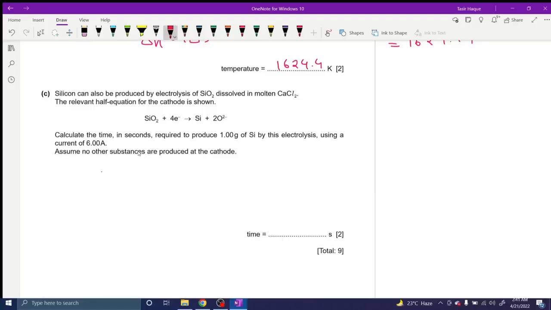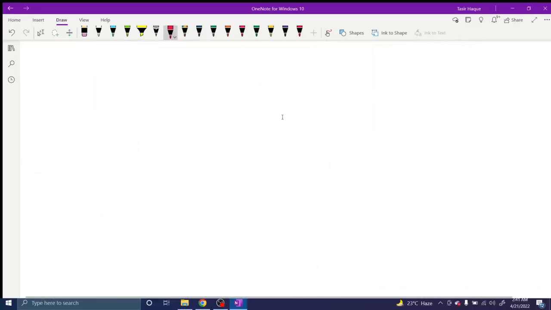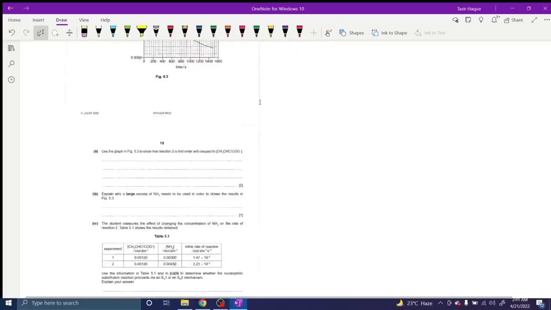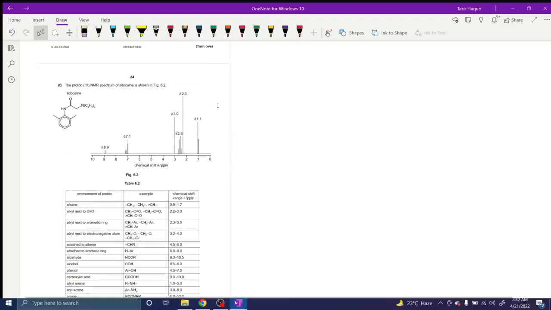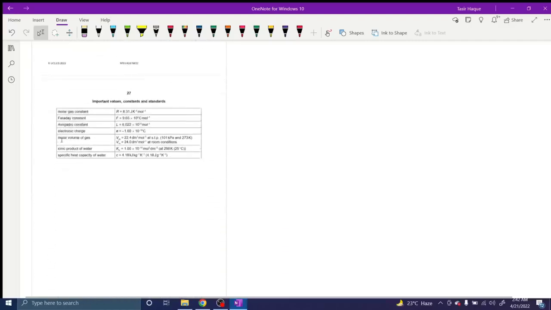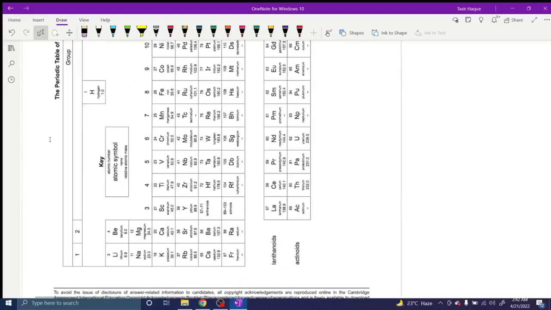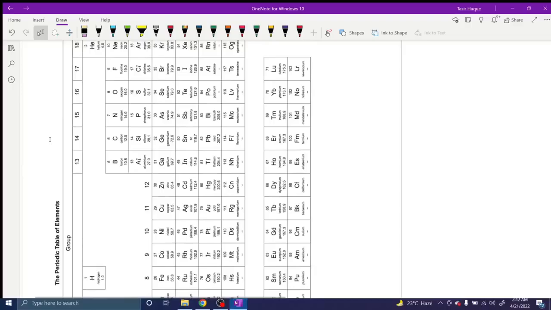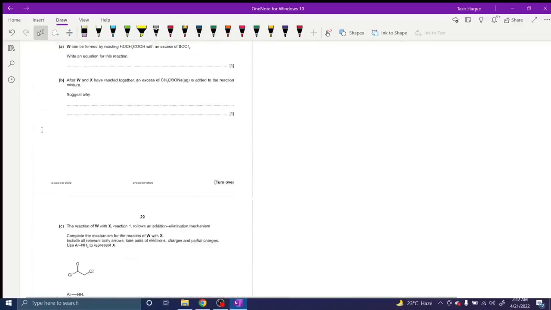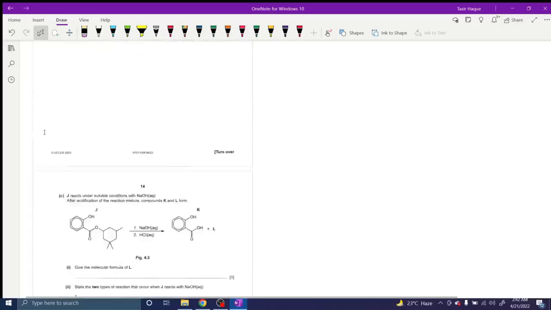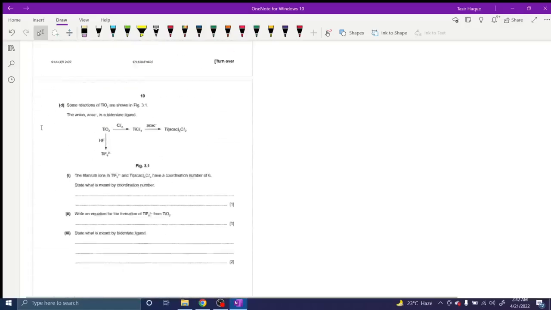Okay, cool. So 1 gram of silicon, right? Let's find out the moles of silicon. The Ar of silicon is 28.1.